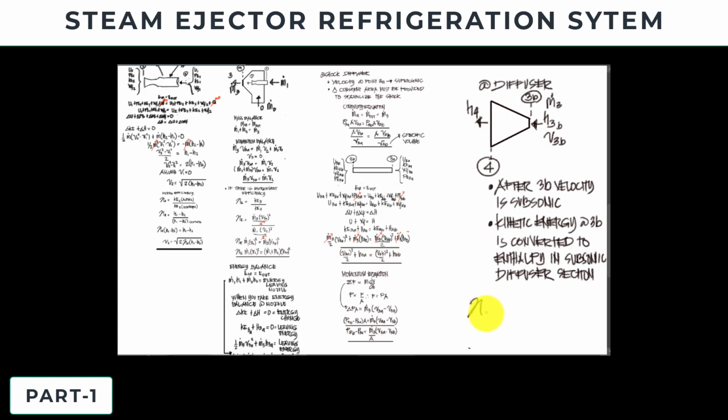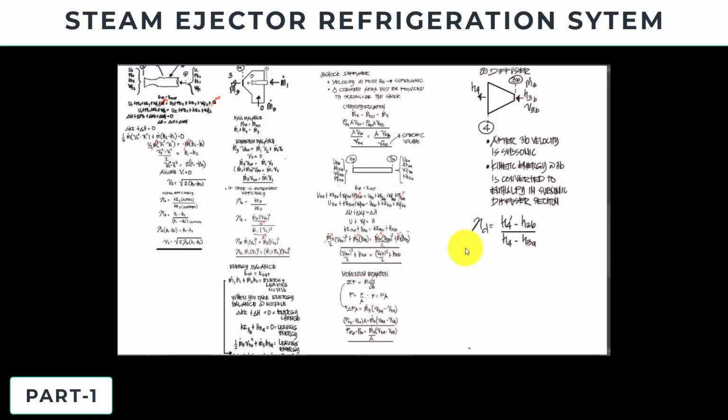We have the equation of the diffuser: enthalpy 4 prime, the isentropic one, minus enthalpy 3B, divided by the actual enthalpy 4 minus enthalpy 3B.